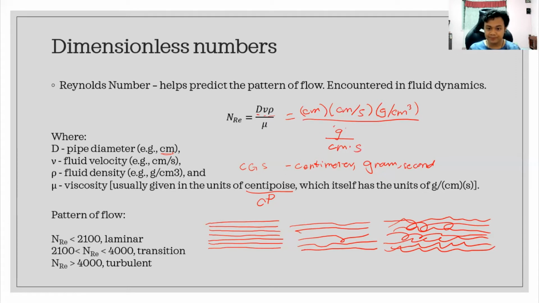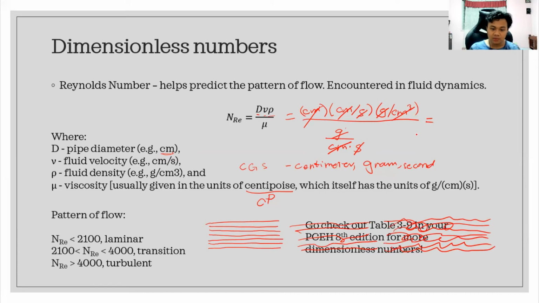If you can see, we can cancel the units, right? G cancels with this G, S cancels with this S, and the cm here cancels with the cm here, and the cm here. Now we are left with no units, and that's why it is called a dimensionless number. All right, let's move on.